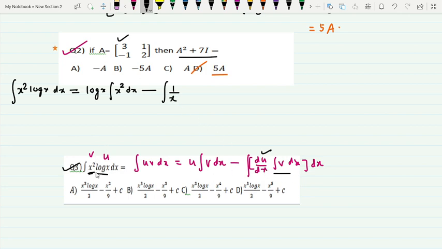So the integration of x square is x cubed by 3 dx. Now here this x and here it is x cubed, so it will become x square. This is the integration, x cubed by 3 log x, minus 1 by 3, which is outside the integral sign.